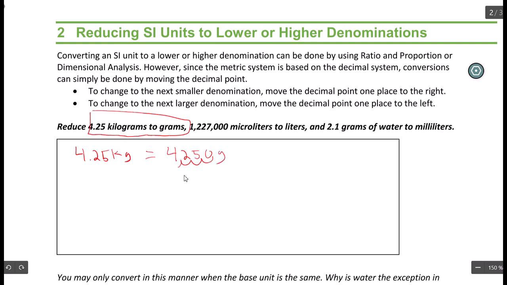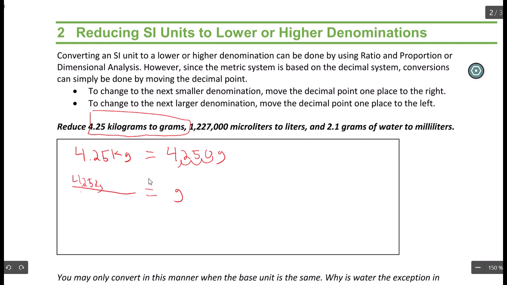I can also do this problem by doing dimensional analysis. Let me start it the way in which we did it here. You can draw your line, right? Unit path. We're going to want units in grams, and we're given 4.25 kilograms. So I want to get that to grams, and I need to cancel out the kilograms.